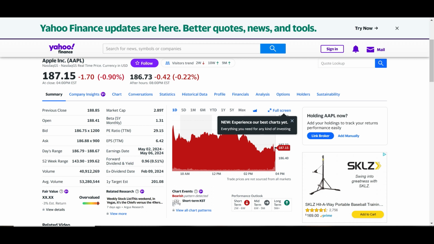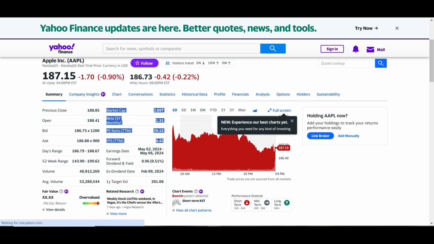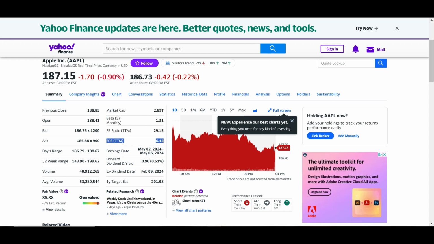Another thing that I pay close attention to is the earnings per share in relation to the dividend. You can see that the earnings per share, TTM means trailing 12 months, for the last 12 months, based on this point in time, it's been $6.42 per share.